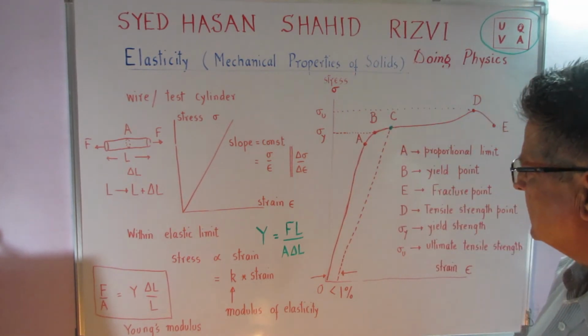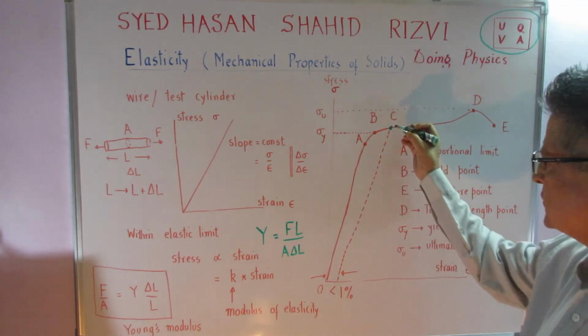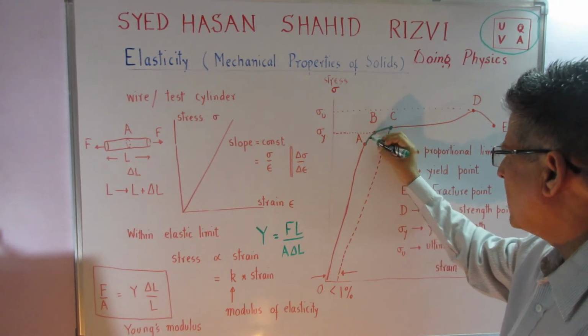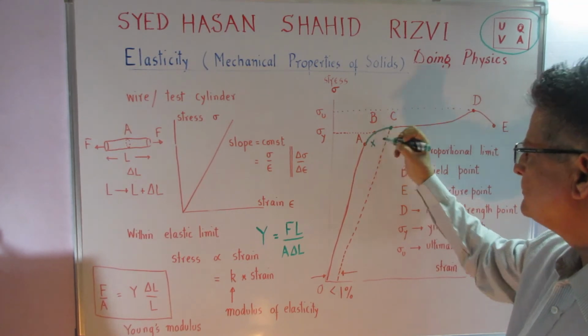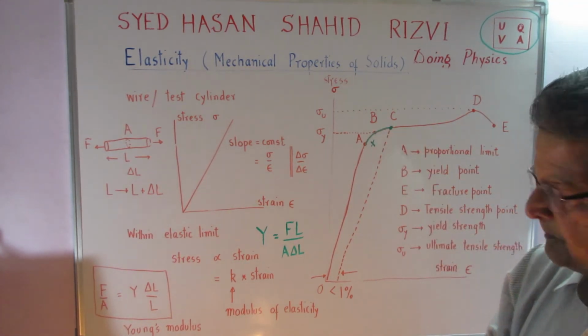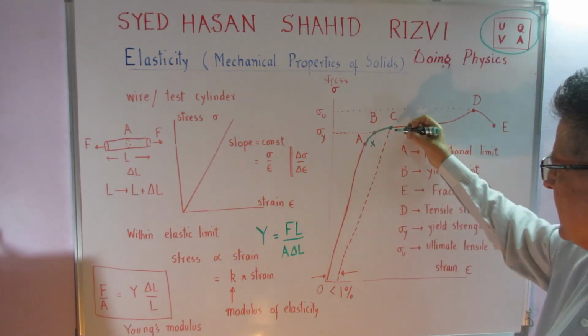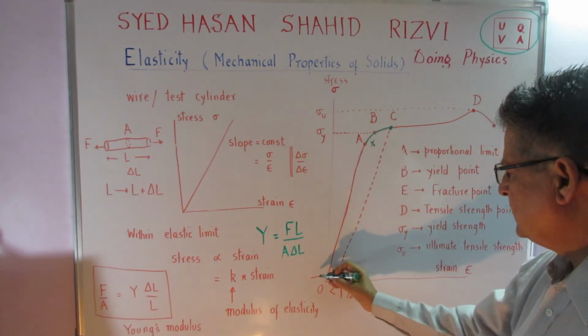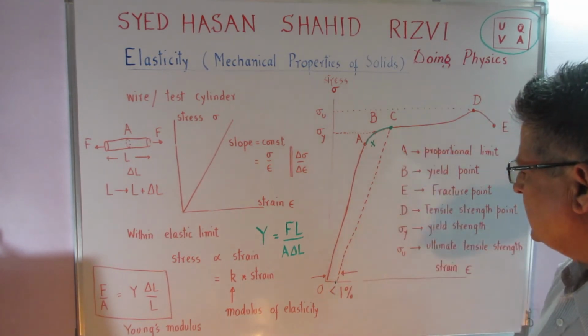As the stress is decreased, this path is not retraced back. Instead, there is a permanent deformation over here, and this deformation has been shown in this curve.